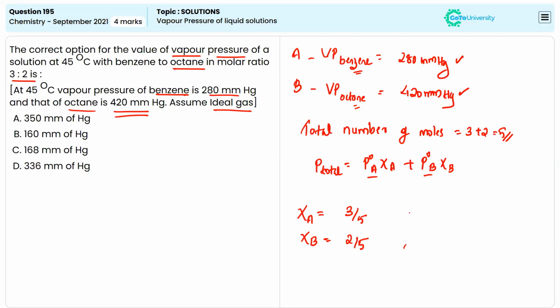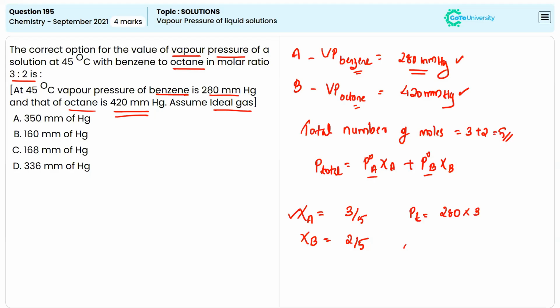Now I can substitute for the value of P total. That is equal to 280 times, that is 280 is the vapor pressure of benzene, right? So vapor pressure of benzene is 280, mole fraction is 3 by 5.